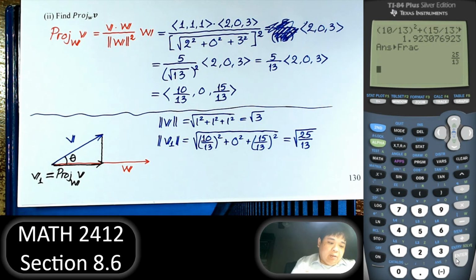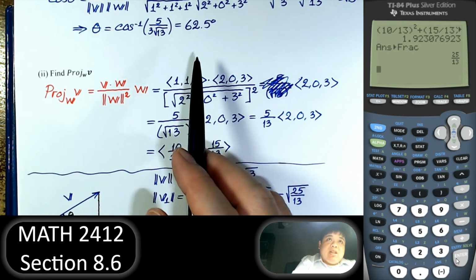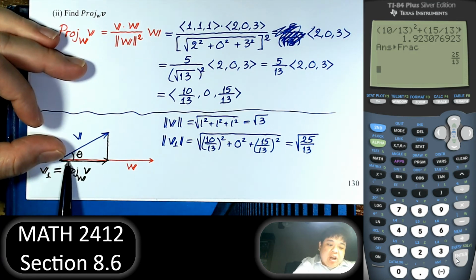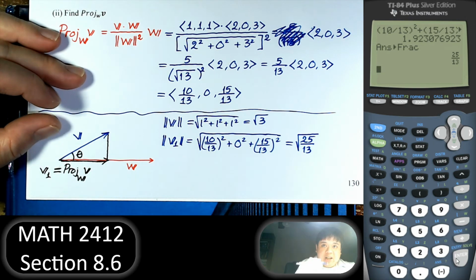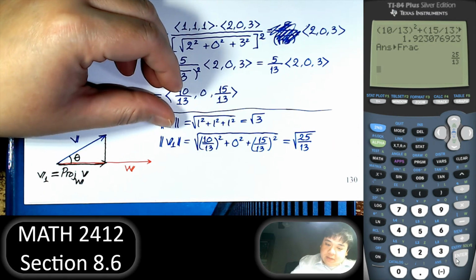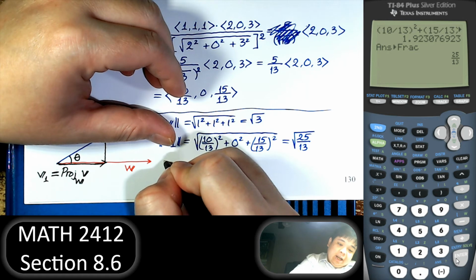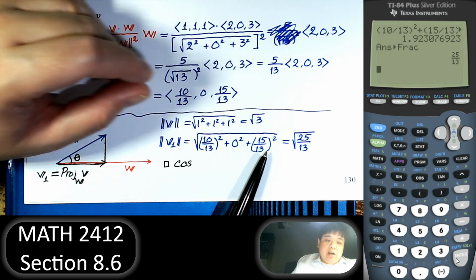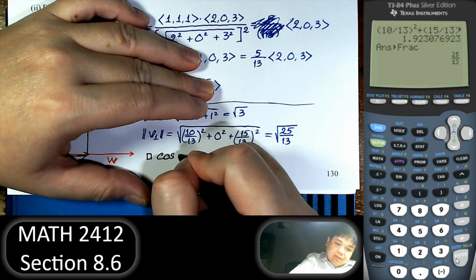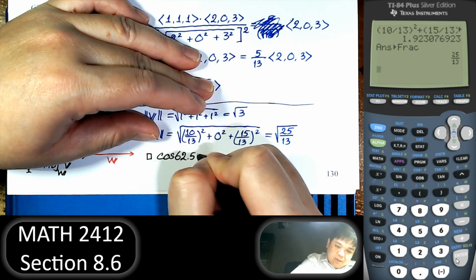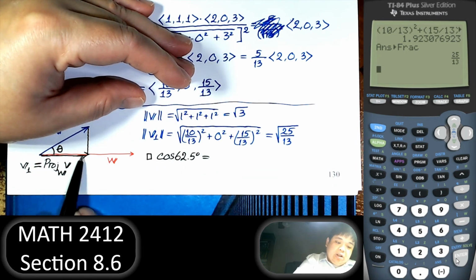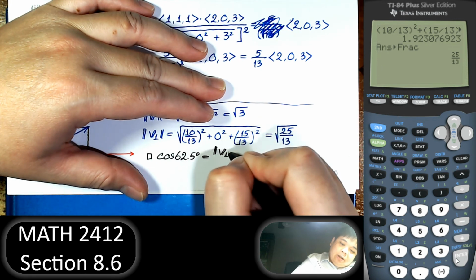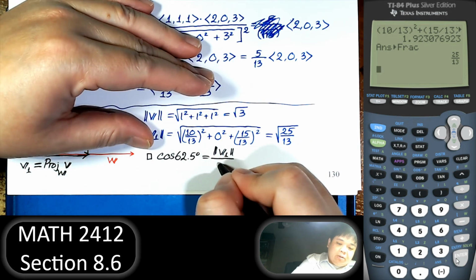Now, we know the angle between them is 62.5, right? So if we want adjacent over hypotenuse, of course the magnitudes, we can check. The question is, is cosine of what we had earlier, 62.5 degrees, equal to the adjacent over hypotenuse, the magnitude of V1 over the magnitude of V?